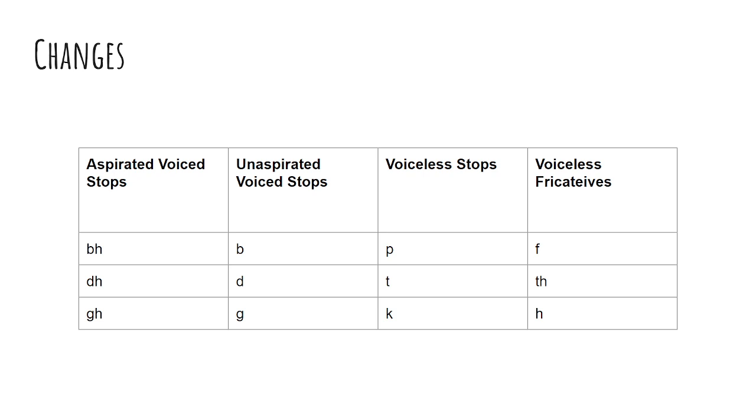Let's quickly revise the examples that we have learned. Bhrata becomes brother. Labium becomes lip. Pita becomes father. That accounts for the first line of this particular changes. Having a look at the second line or the second row, Madhya becomes unaspirated voiced stop d.